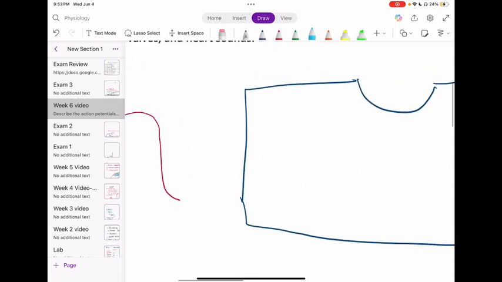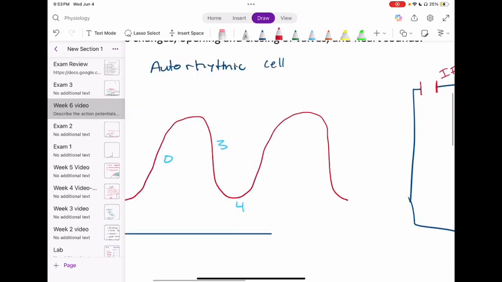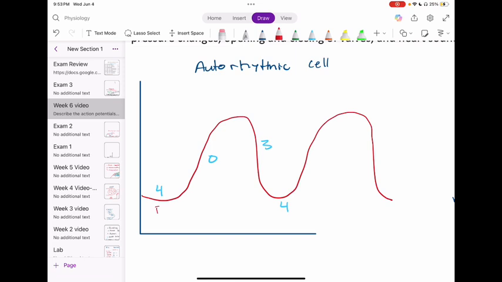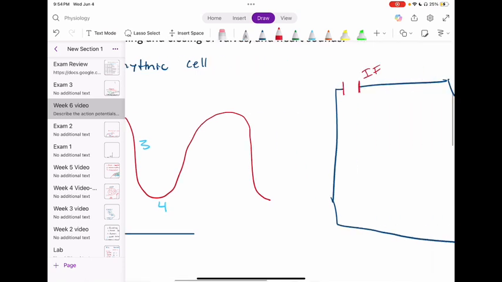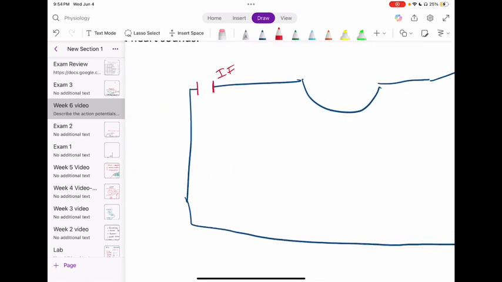So in step 4, a few different channels are going on here. These are called funny channels. They're called funny channels just because of the way they act. They act a little bit differently than a lot of other channels.